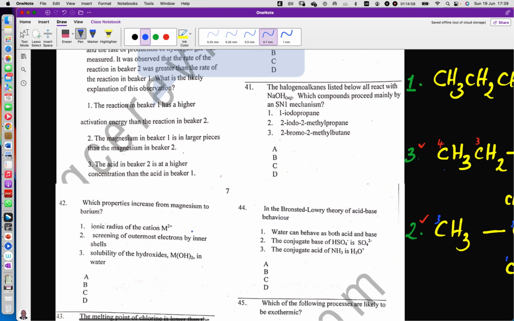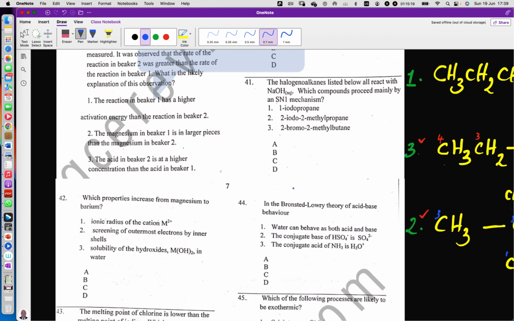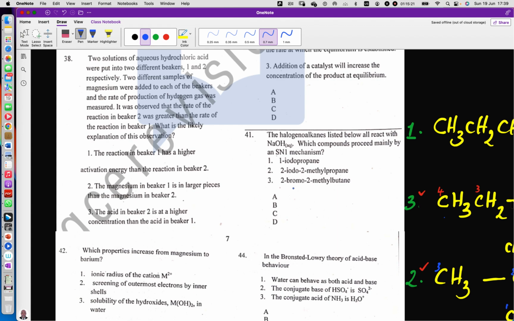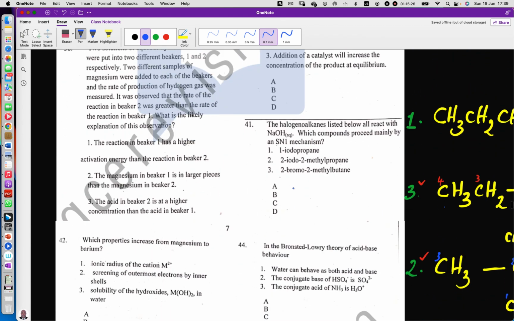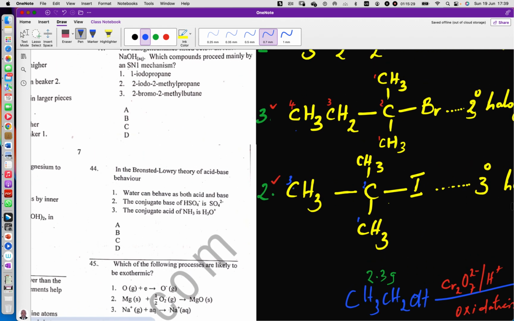So now we will have question C, whether we undergo 2-bromo-2-methylbutane, which is 3. A, B, C, D. So what is the answer column? We have 2 and 3. 2 and 3 are all tertiary halogen alkanes.